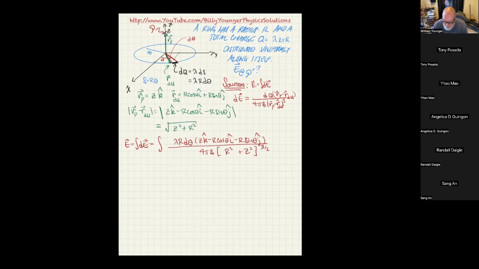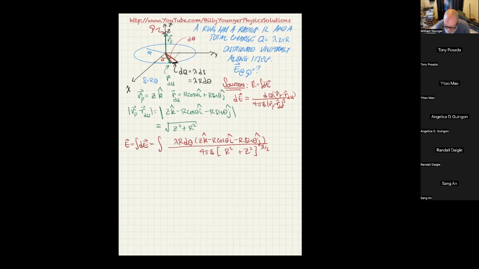Now if you think about this, for the angle theta, you're going to have a little vector dE that has a component parallel to the z-axis, a component parallel to the x-axis, and another component parallel to the y-axis.